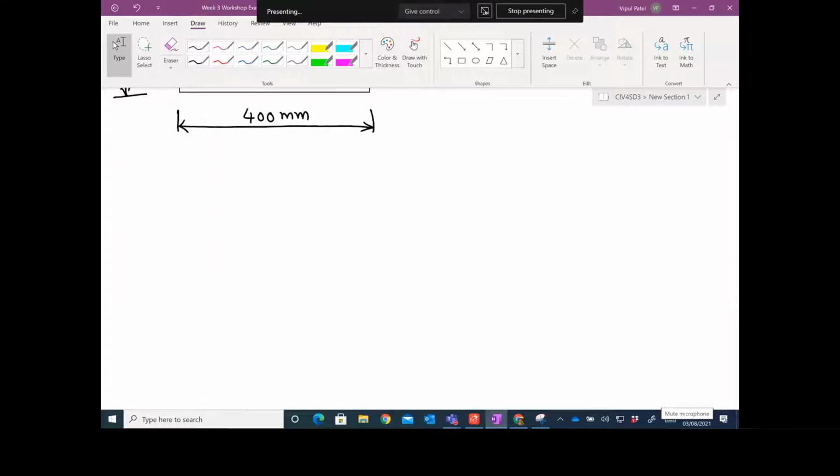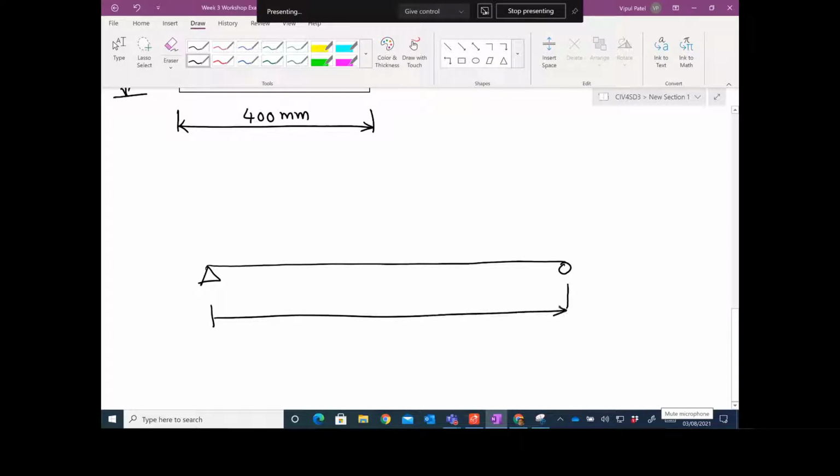If I draw the beam here, which is simply supported, one is a pin, another is a roller, we have an 800 millimeter span given to us, and this one is a uniformly distributed load. Let's put W star at the moment. If I take the cross section, it is 800 millimeters.